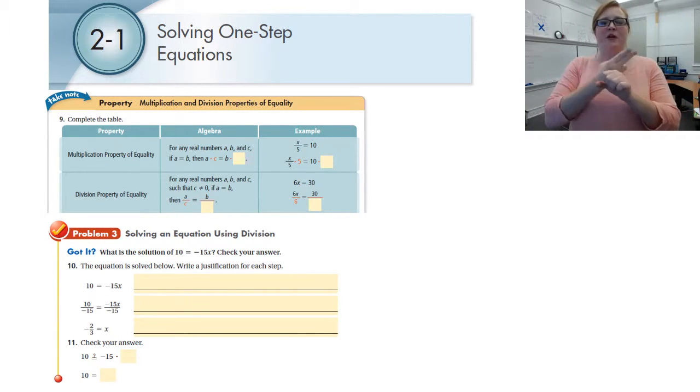Pause the video and use the table on page 89 to help you complete this table in your notes. The multiplication property of equality.